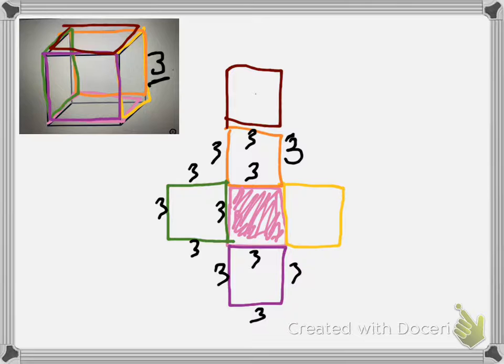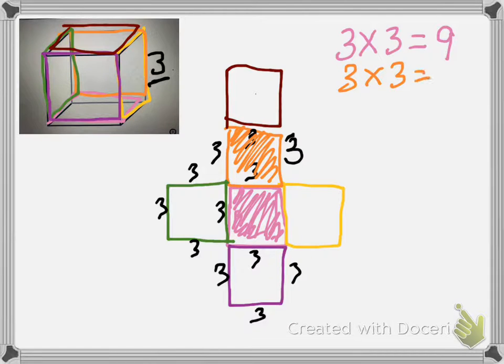We know that the base is 3 and the height is 3. So the area of this square is going to be 3 times 3, which equals 9.